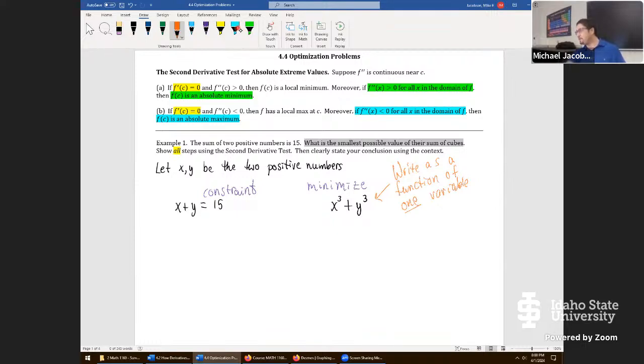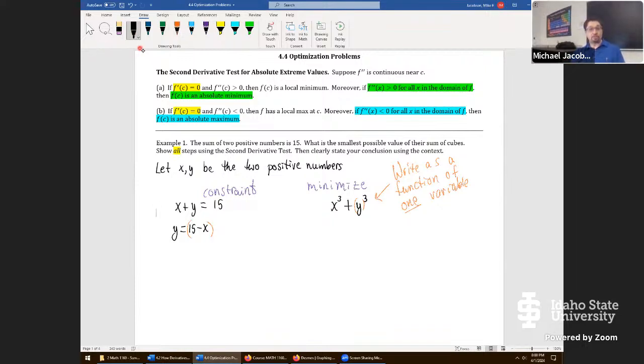But for me personally, I would try to eliminate the y value because I'm used to looking at f of x rather than f of y. So if we're going to try to eliminate that one, we'll just go over here and solve for y. y equals 15 minus x, and this value right here is going to go in place of y in that location.